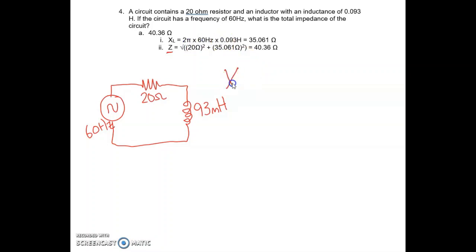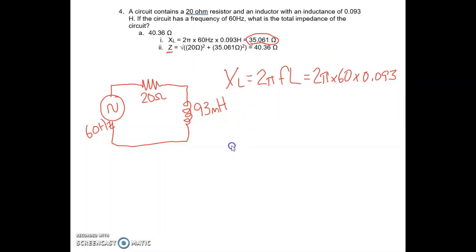I'm just going to rewrite it. And if we substitute in our known values, we get an inductive reactance of 35 ohms.